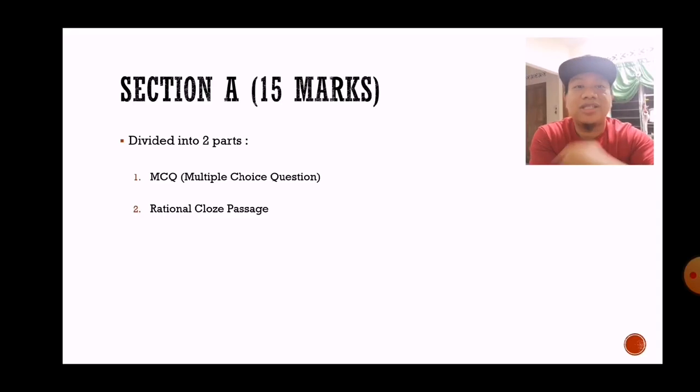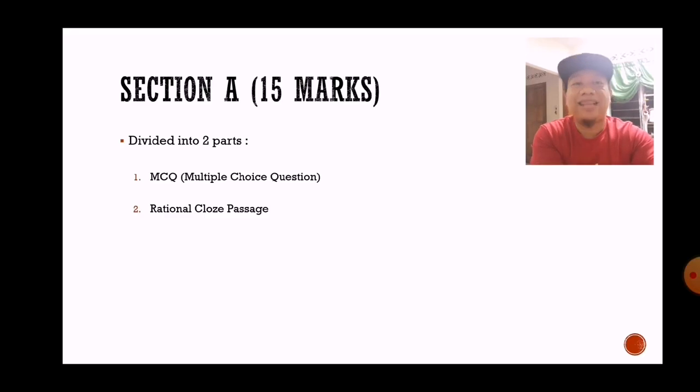MCQ stands for multiple choice question. Normally students would name this MCQ as ABCD question.